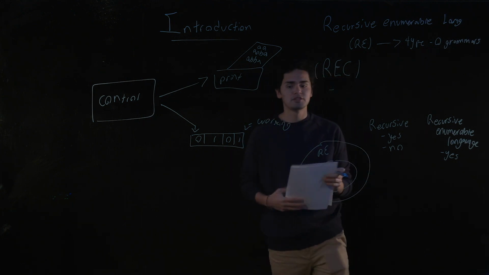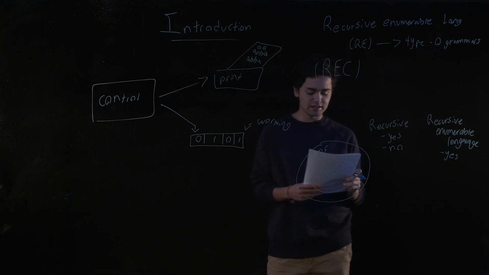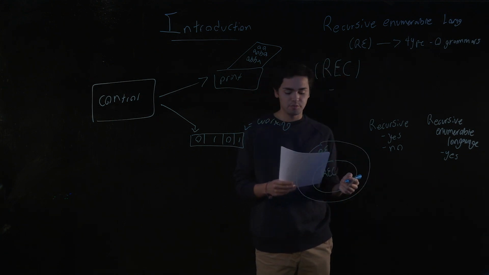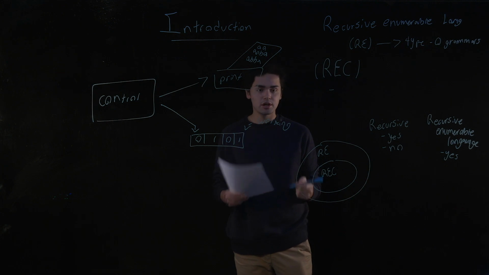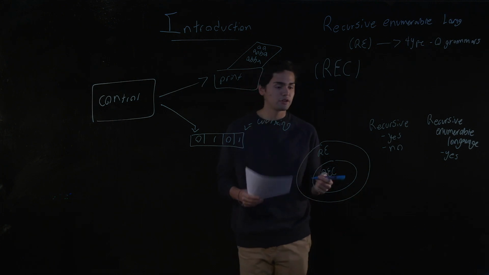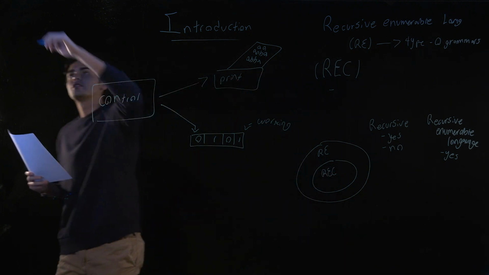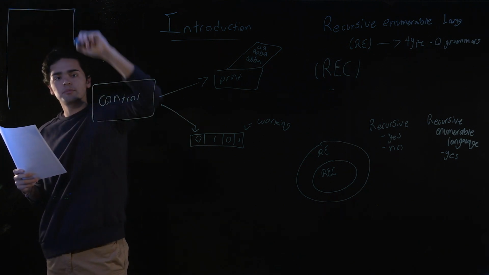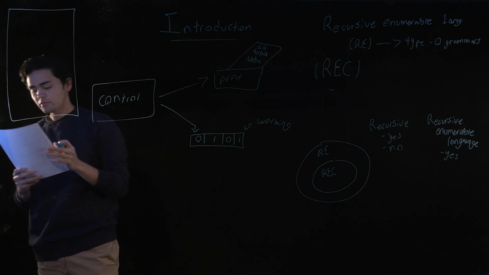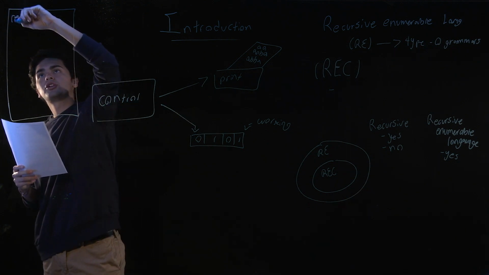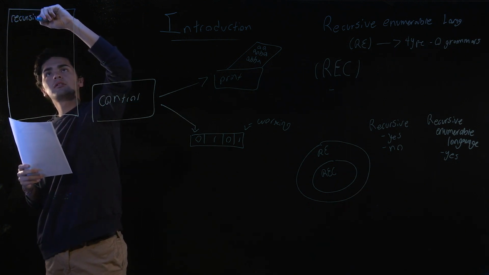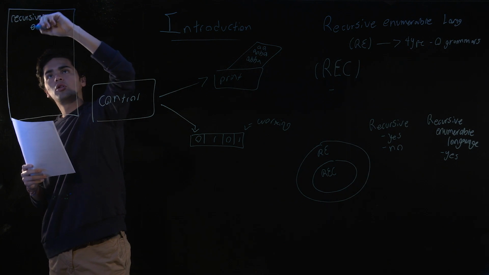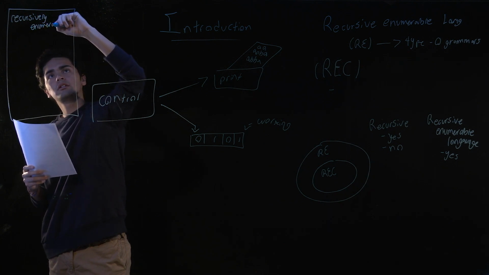If we want to apply this to what we've been learning in class, we can take this a step further and look at the relationship between recursively enumerable languages, context-free languages, and regular languages. The following figure will establish this relationship, where we have recursively enumerable on the outside.